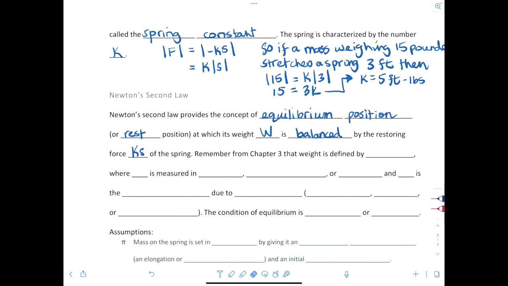Remember from chapter 3 that weight is defined by W equals m times g, where m is measured in slugs, kilograms, or grams, and g is the acceleration due to gravity.